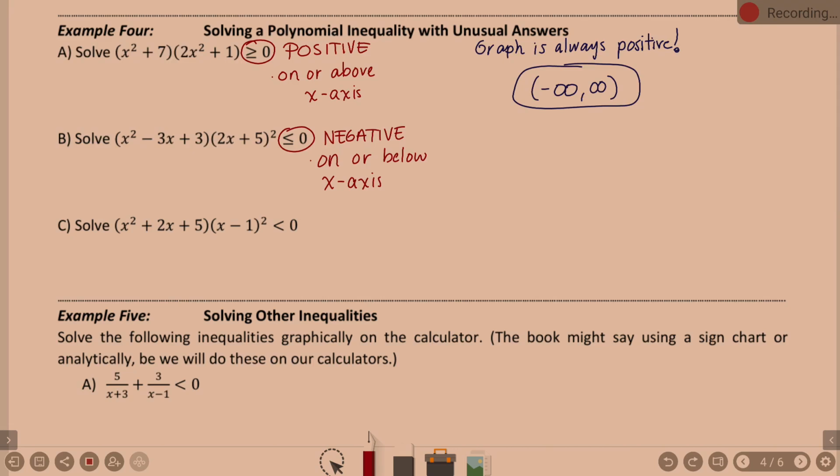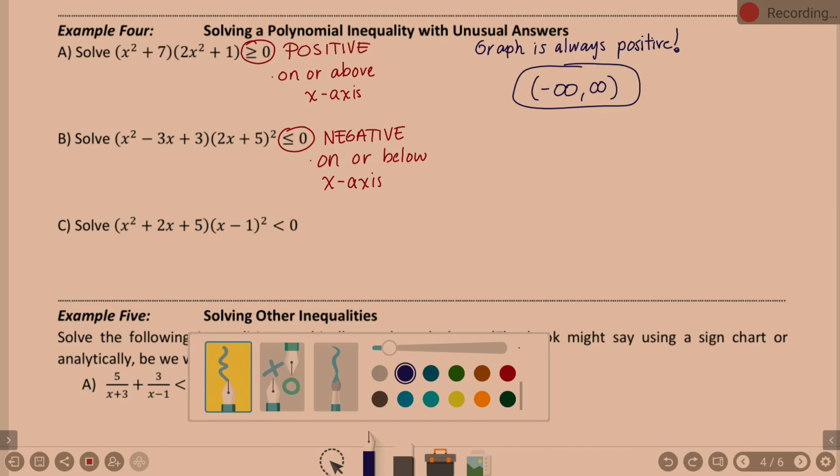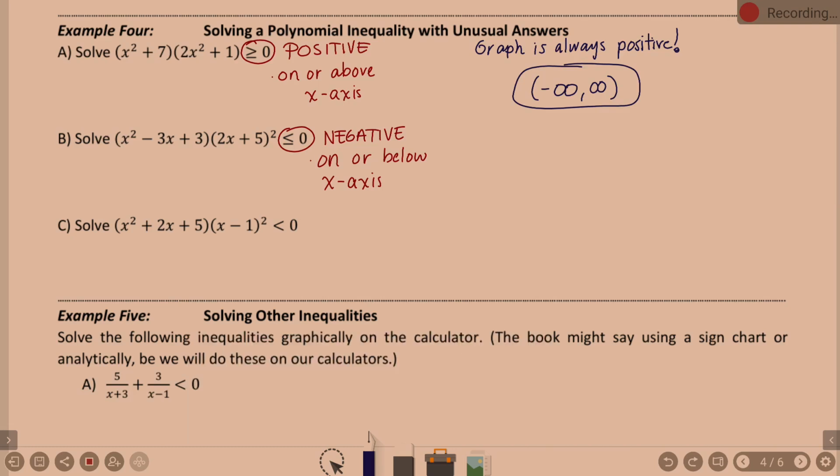So it would be, what would it be? Like 2.5 in brackets, maybe? Negative 2.5 maybe? Okay, so first of all, the question is, where is this graph on or below the x-axis?